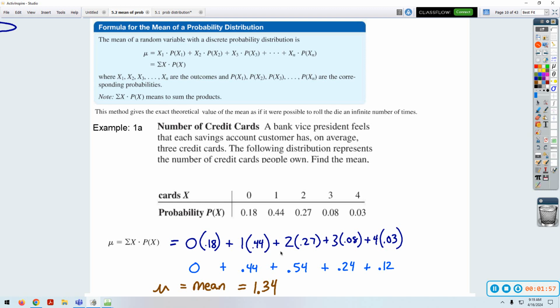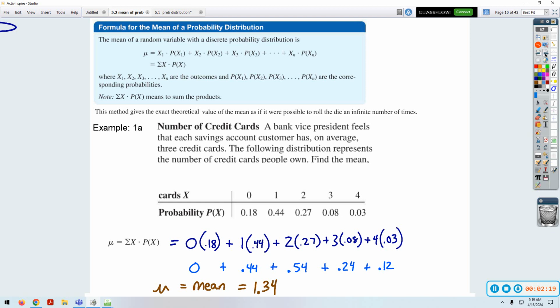That tells me that on average somebody would have 1.34 credit cards. So if I walk down the street, I would imagine most people are going to have between 1 and 2 cards in their wallets or purses. So that's how you find mean.